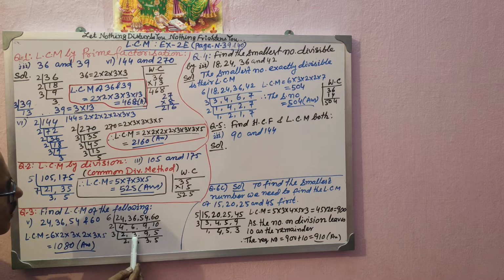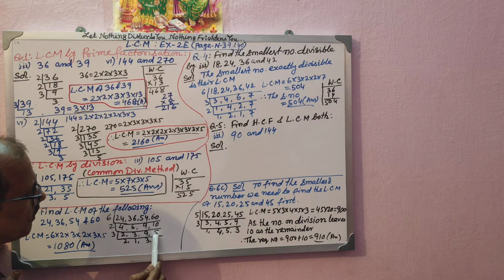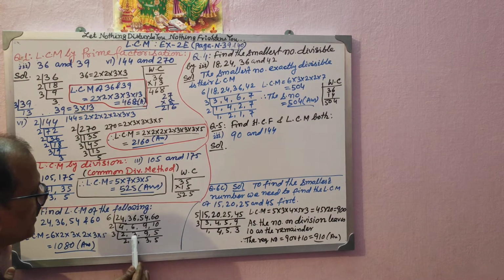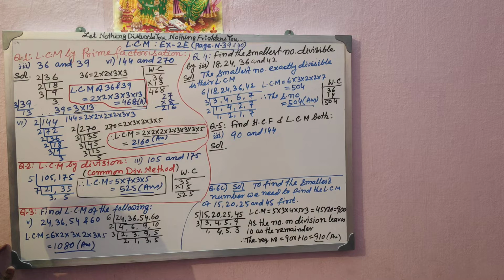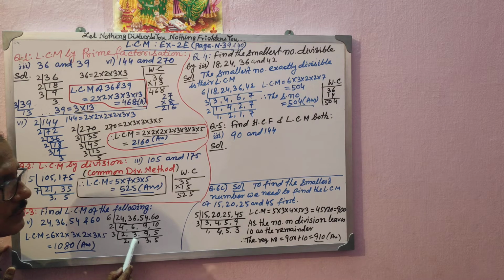Now these are the numbers that came: 2, 3, 9 and 5. Now is there any divisor which can divide at least 2 of them? Yes, 3 and 9 can be divided by 3. 3 cannot divide 2, so 2 has come down as it is. 3 can divide 3 and 9, giving 1 and 3, and 5 is as it is.